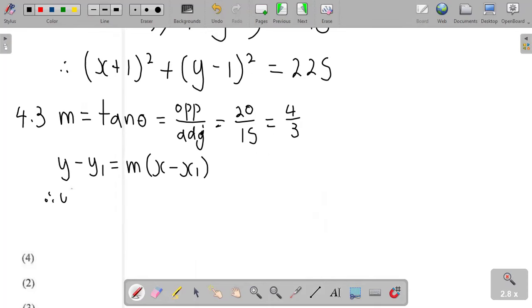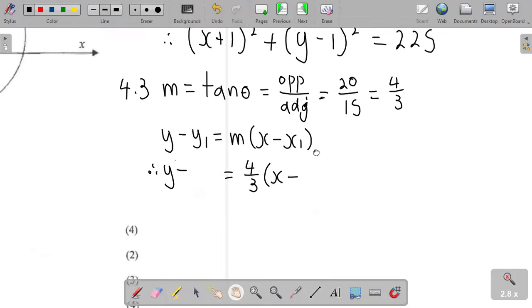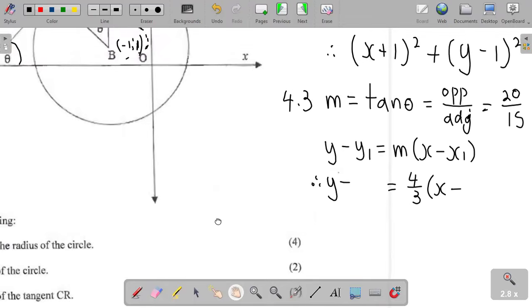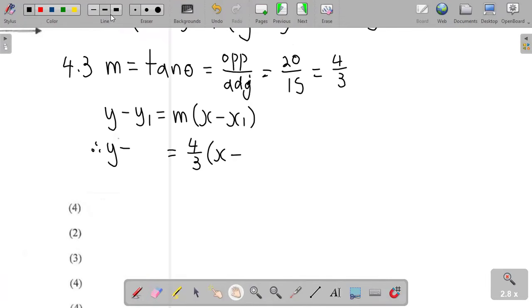Then we can substitute what we have: y minus something equals 4 over 3 into x minus something. Y is 26, x is negative 1.